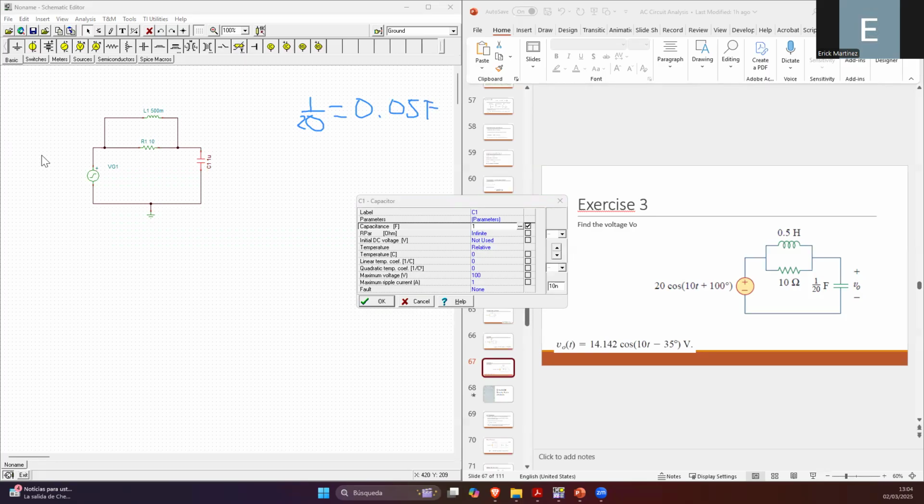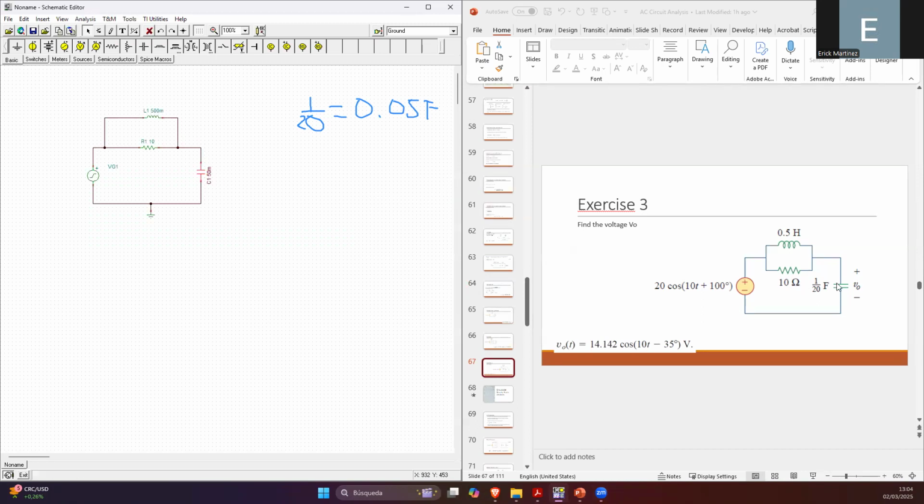So you need to insert that value into this section, and then you click OK.